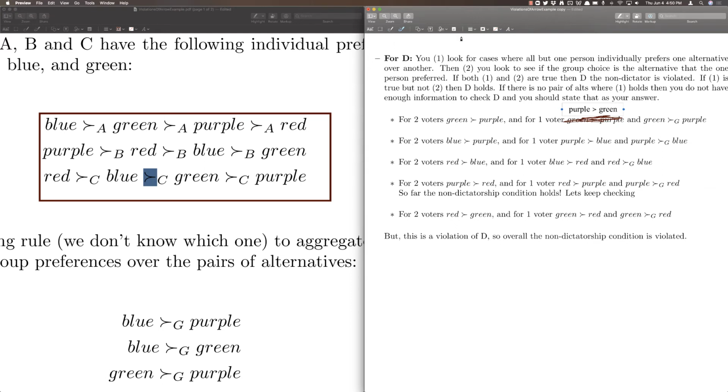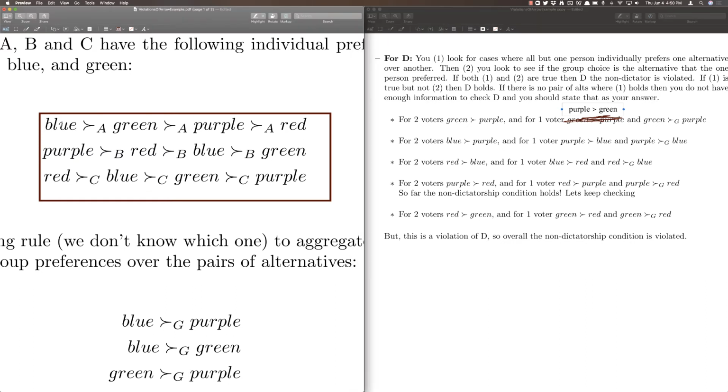All right. For the next one here, we have 2 voters prefer blue to purple. We can see here A and C prefer blue to purple, but person B prefers purple to blue. So 2 prefer blue to purple, 1 prefers purple to blue.